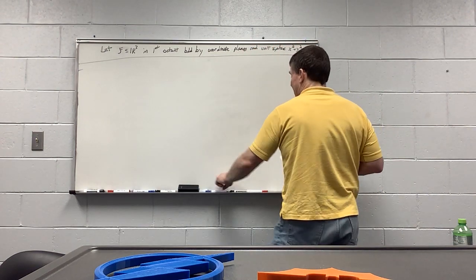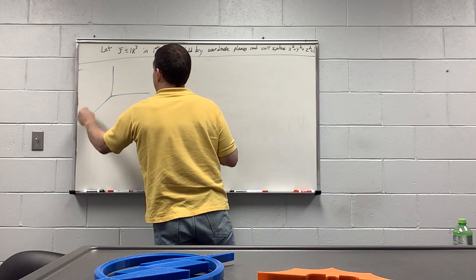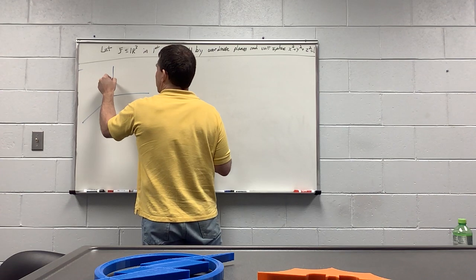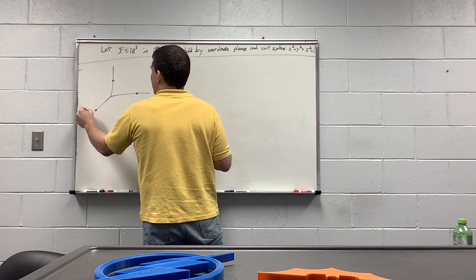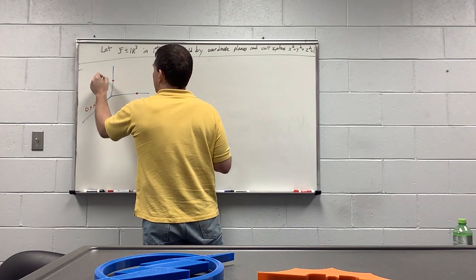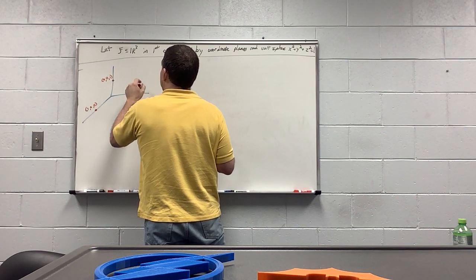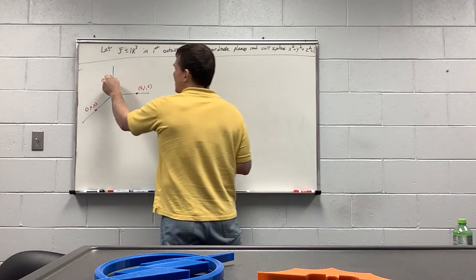So, if I actually graph this, I'm restricting myself to the first octant, and it's the unit sphere. So these are my points (1, 0, 0), (0, 0, 1), and (0, 1, 0). And then I just have the sphere.